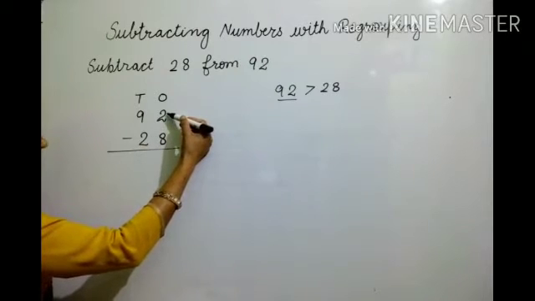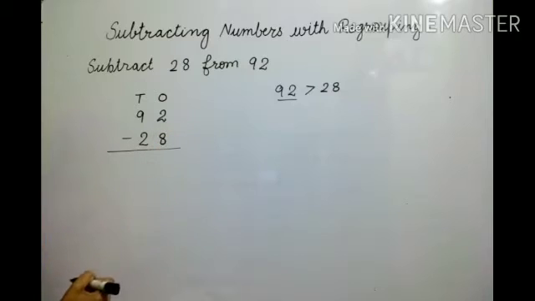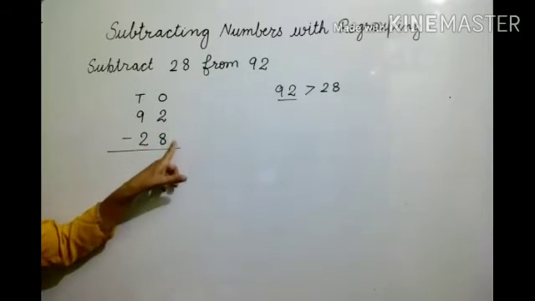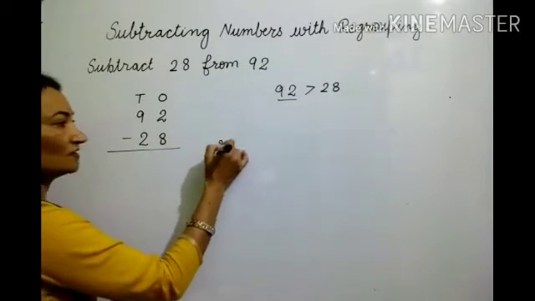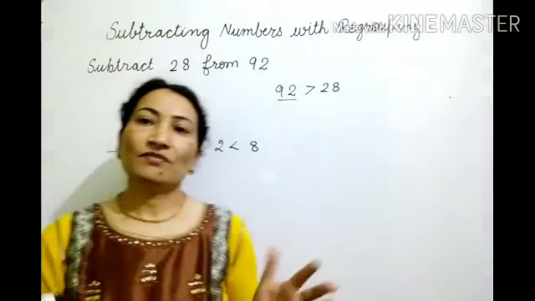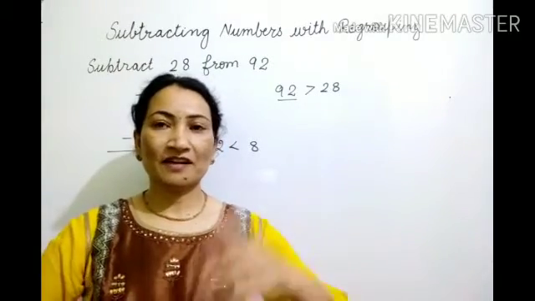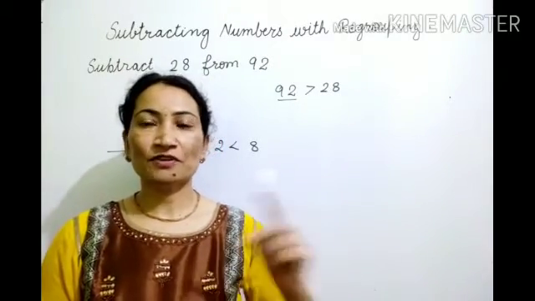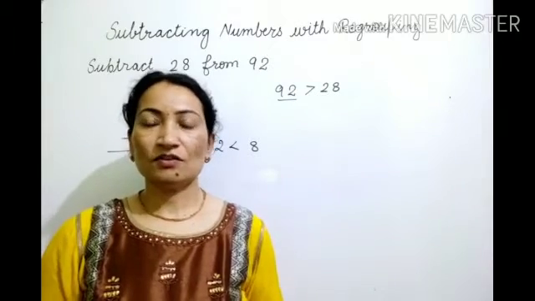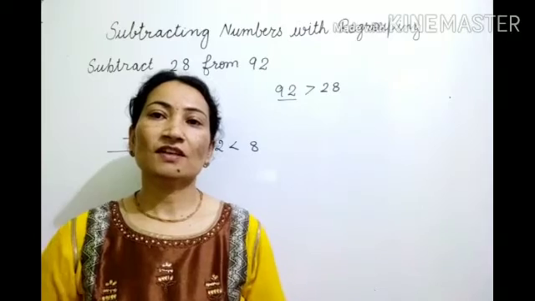We have to subtract 8 from 2, meaning 2 minus 8, but 2 is smaller than 8. Suppose we have 2 toffees and we have to give 1 toffee each to 8 friends. It is not possible because we have only 2 toffees and we have to give 8.